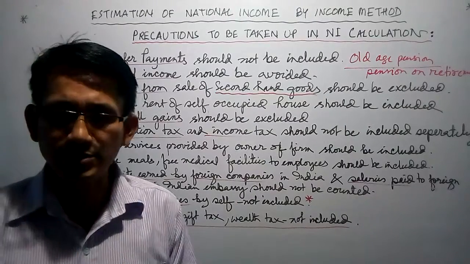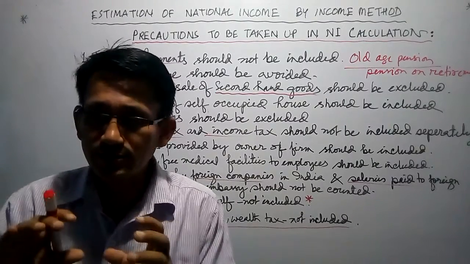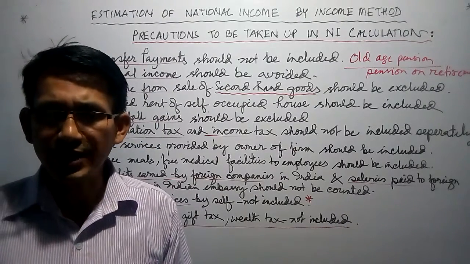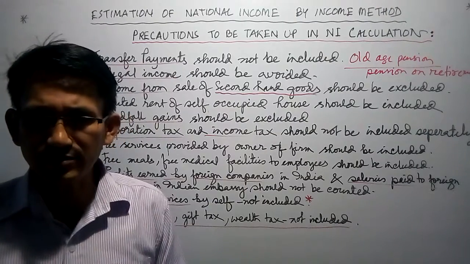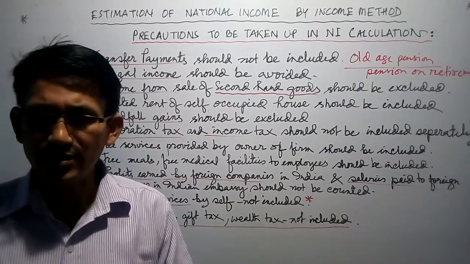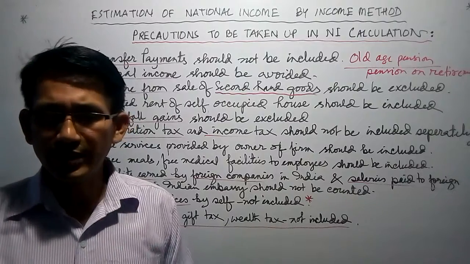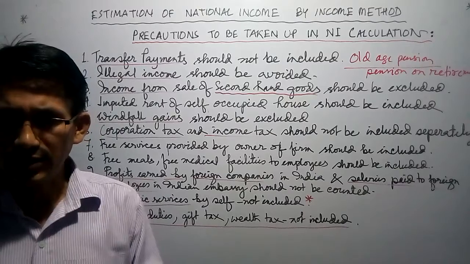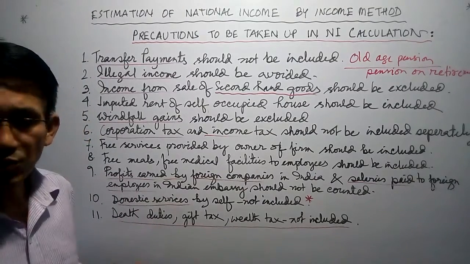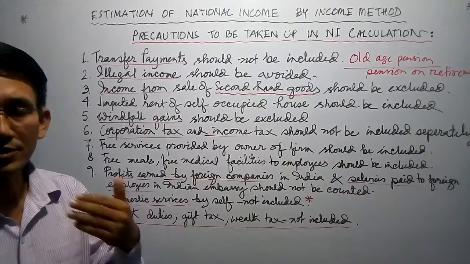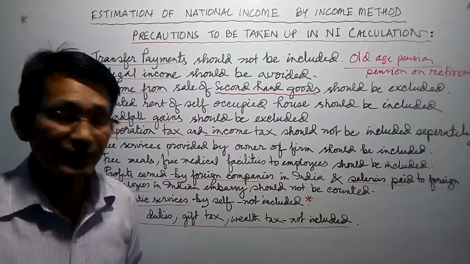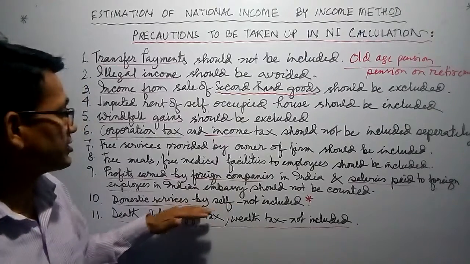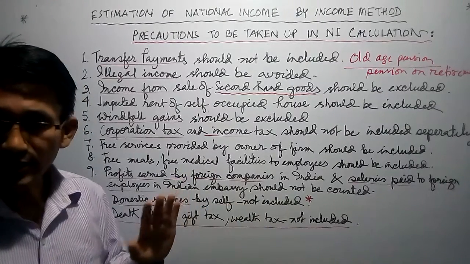But if the same domestic service is provided by paid employees or staff, such as a gardener, guards, sometimes cooks, or washermen, then of course they should be included in the national income. Even if it is domestic work, we are paying them because they are getting factor income for their services. So domestic services by self will not be included, but domestic service by the paid worker should be included.